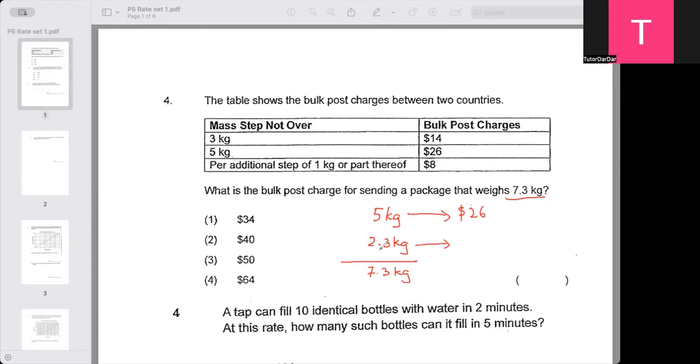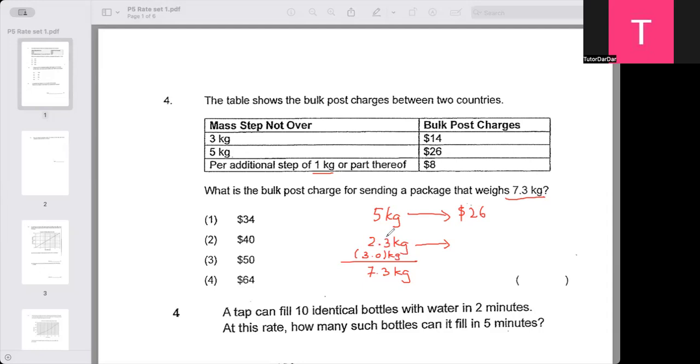Now, 2.3 kg. They say per additional step of 1 kg or part thereof. What is the meaning of that? Even though this is 2.3 kg, you will be paying for 3 kg. Why?